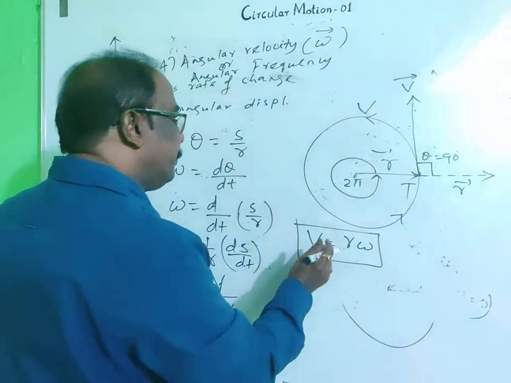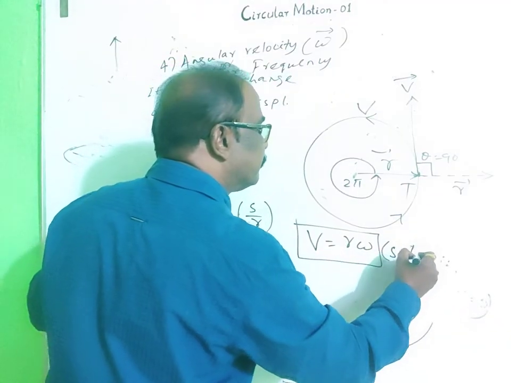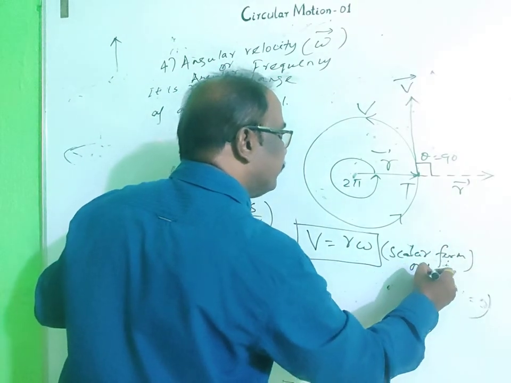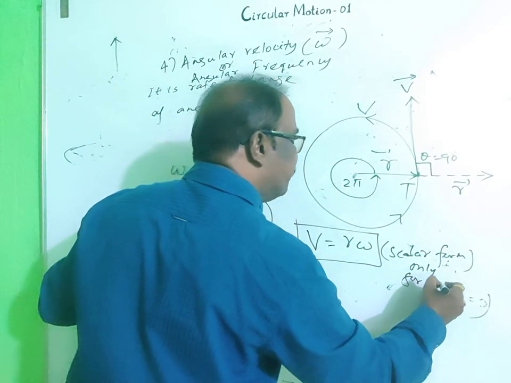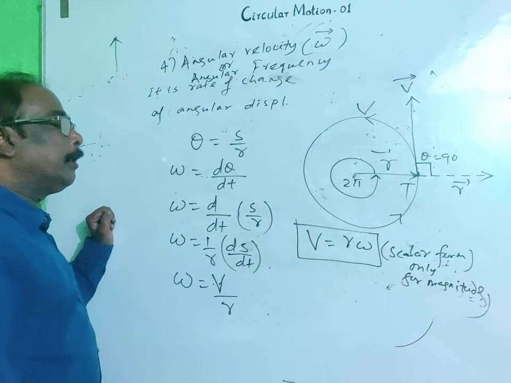So finally you may write v is equal to r omega. It is in scalar form, means only for magnitude. We can't take it in vector form.